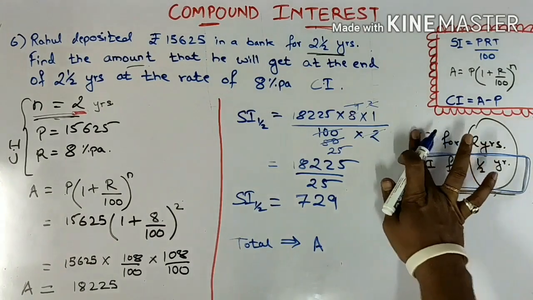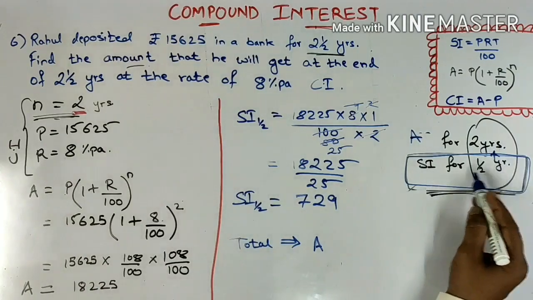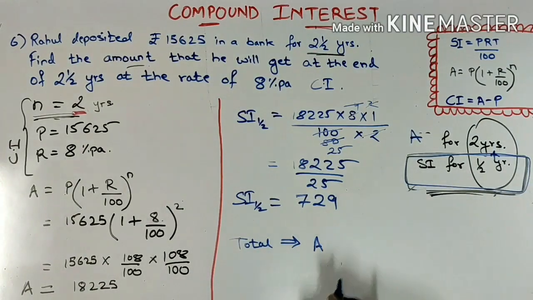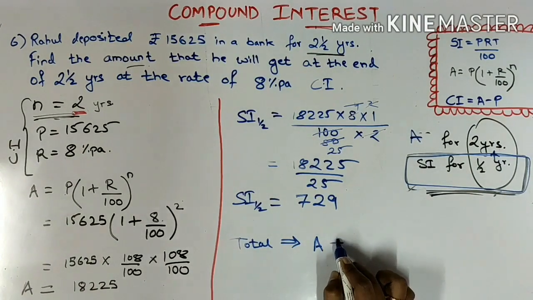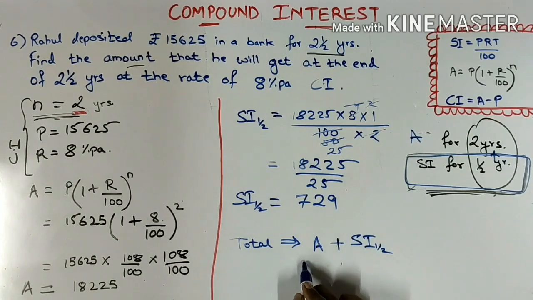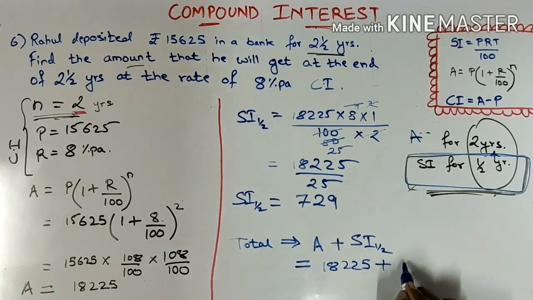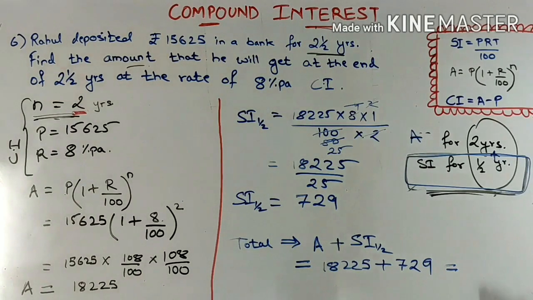Okay, so this amount for 2 years plus simple interest for the later half year, which is nothing but 18,225 plus 729, which is nothing but 18,954.